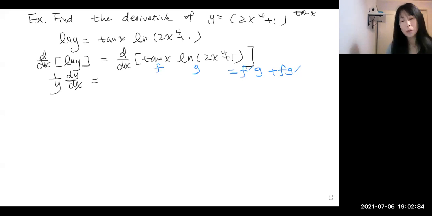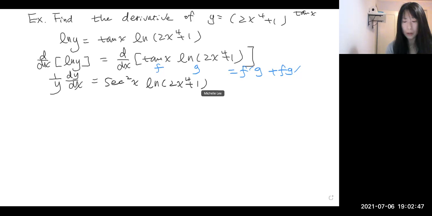Secant squared x. Good, thank you. So secant squared x. And g, which is ln of 2x to the 4th power plus 1, plus f, which is 10x. And g prime, what do you get? 8x to the 3rd power.